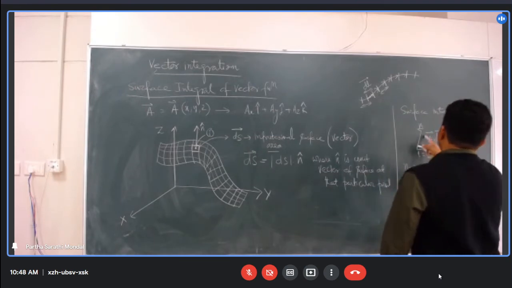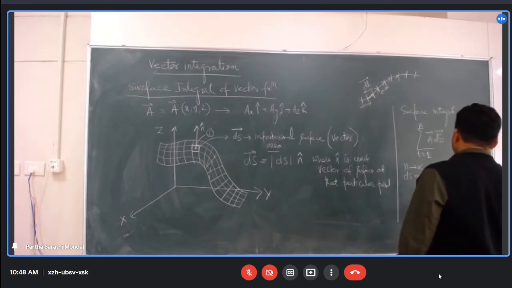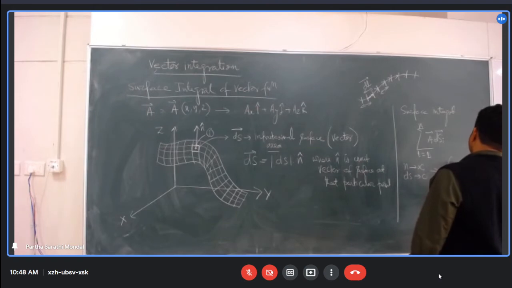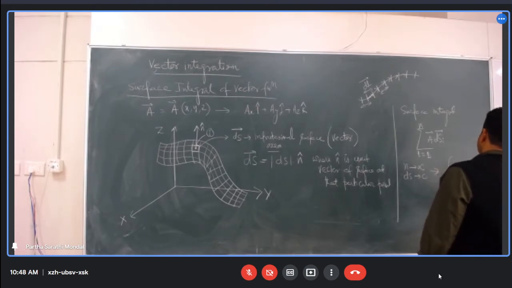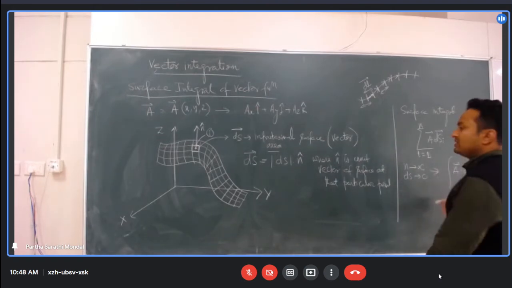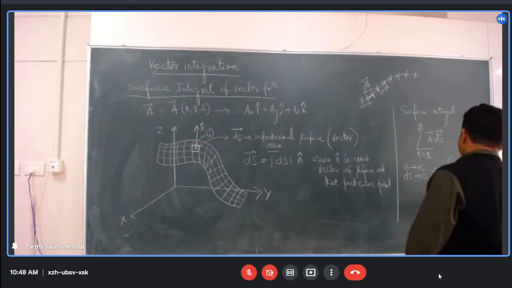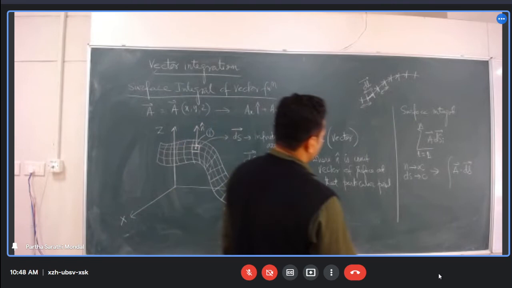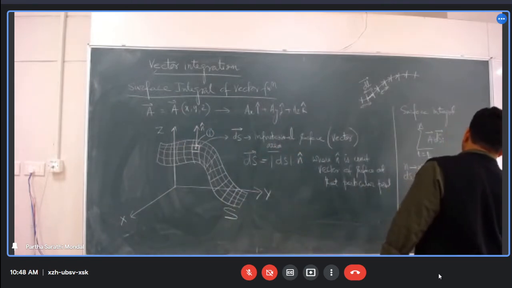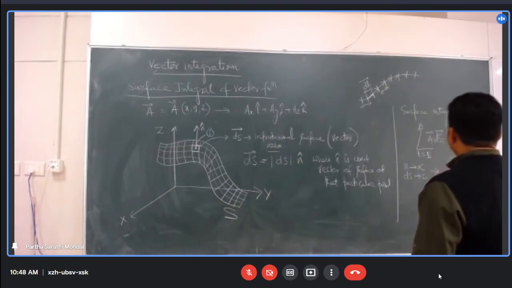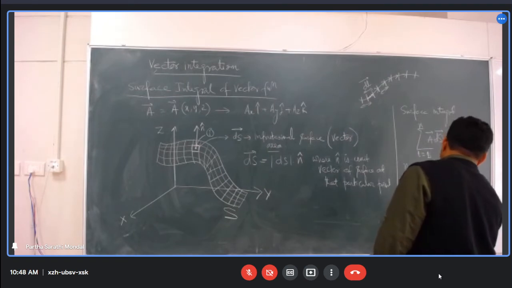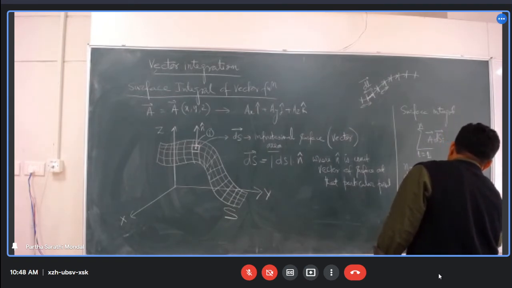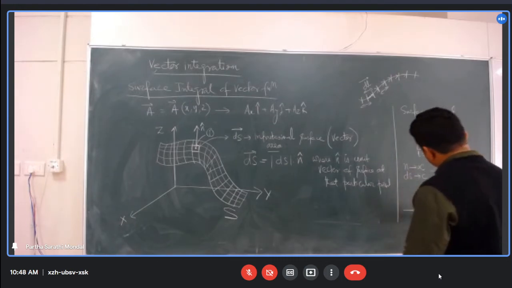So this will convert into the integration of A dot ds on the whole surface. Whole surface means the whole surface. Let's say this is the whole surface. For a closed surface, like a balloon, you can use this.